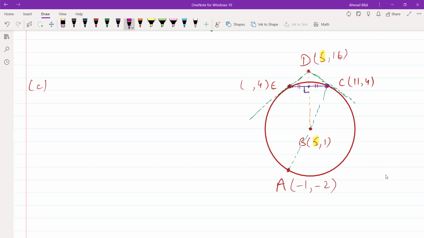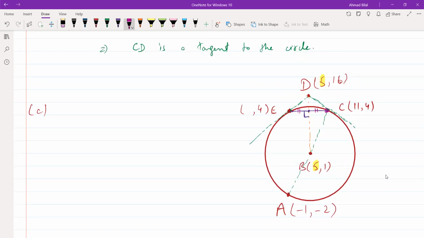That means the center is exactly in the middle of point E and point C as far as their x coordinates are concerned. So if you look at the horizontal movement, since they're at the same level, E and C are at the same level, and the center is directly in the middle of them.